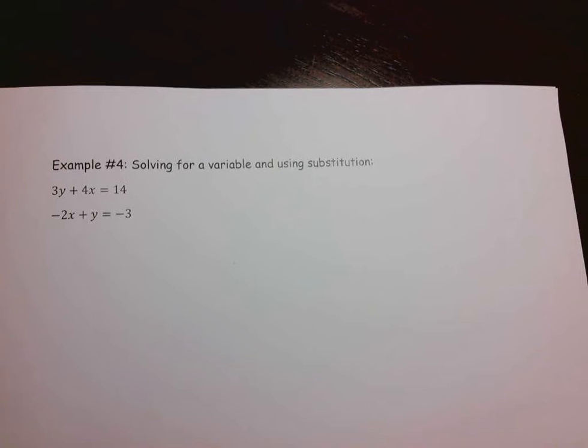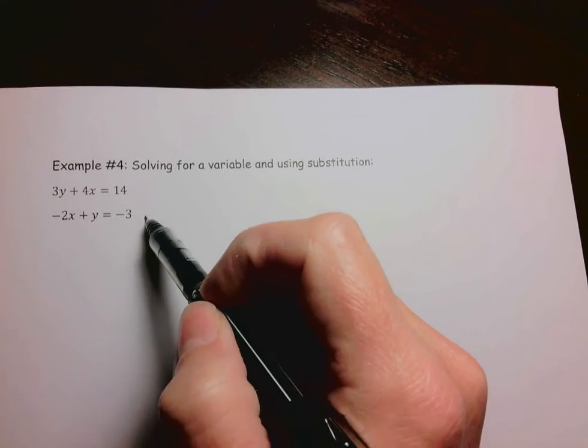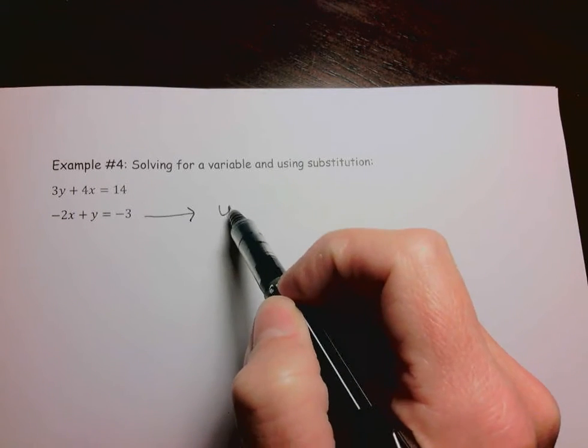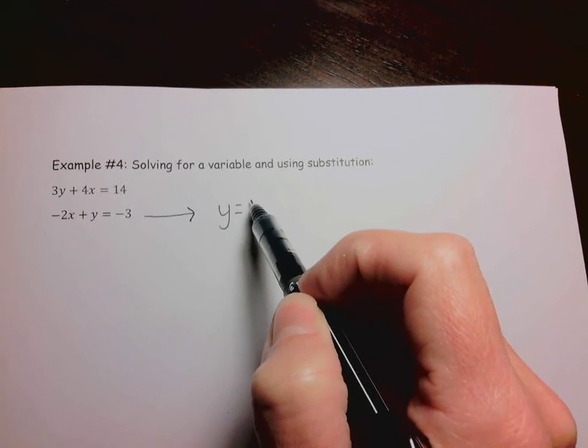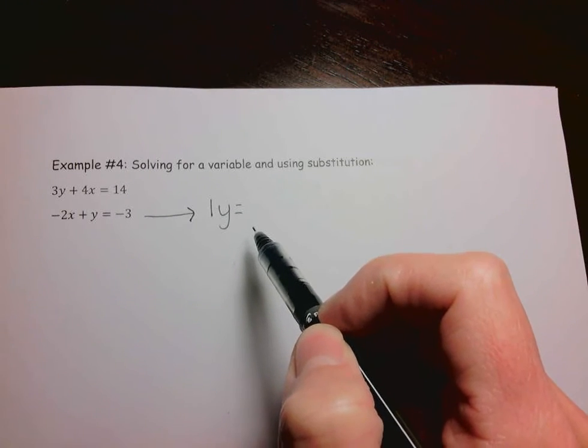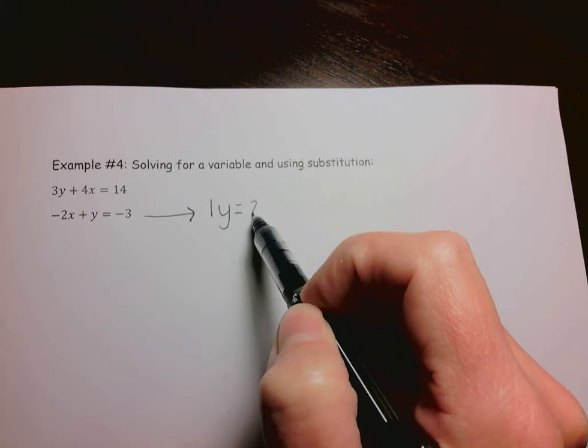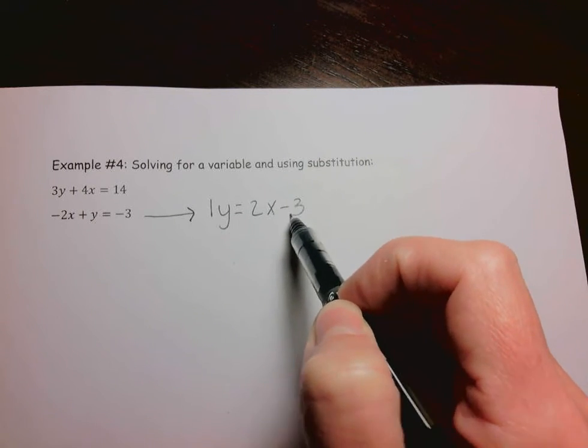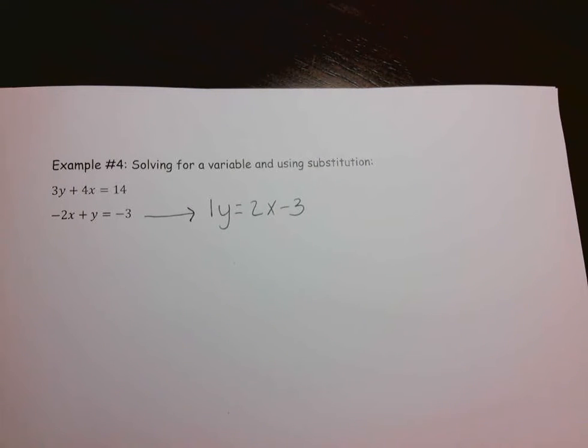But I'm going to take this bottom one and solve for y because it looks easier. Because my coefficient is already 1y, so the math will just be a little easier with this one. Okay, so I know that y, or 1y, equals 2x minus 3.